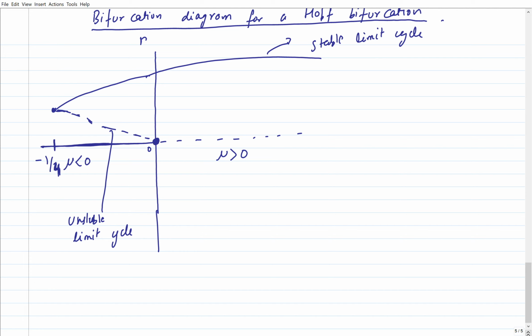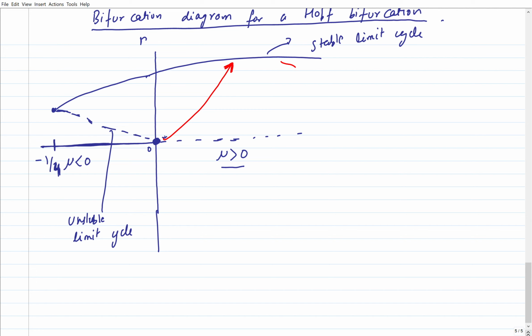This was the bifurcation we were interested in. At mu greater than 0, the system immediately cannot stay here on the unstable thing. It has to jump. So jump I'll represent by a red thing. It has to jump to over here, because this is the attractor. This is the stable attractor. It has to chase that attractor and settle on that trajectory. So this is the progress forward in mu.